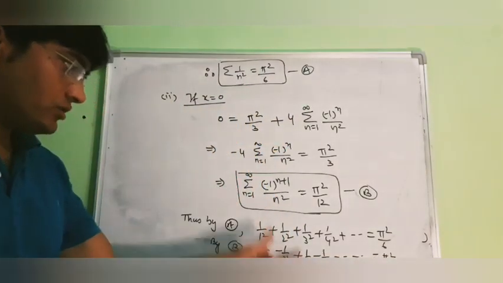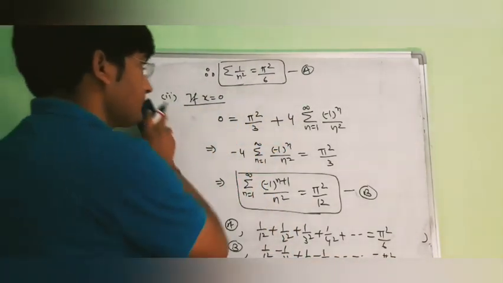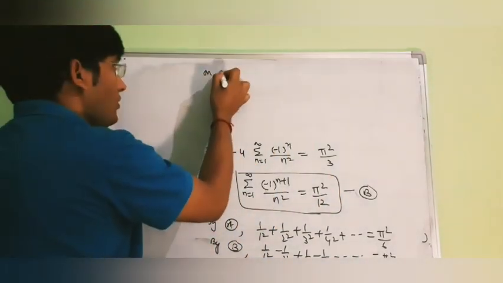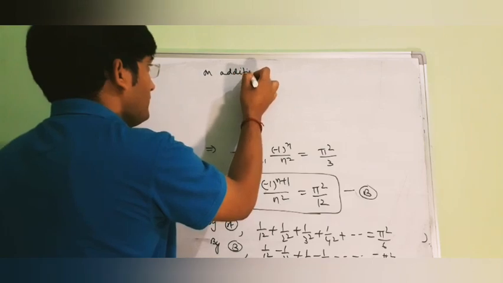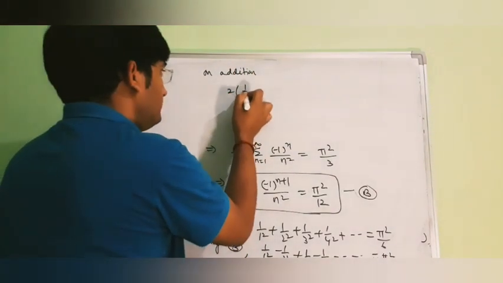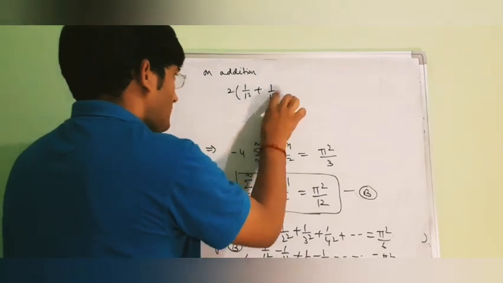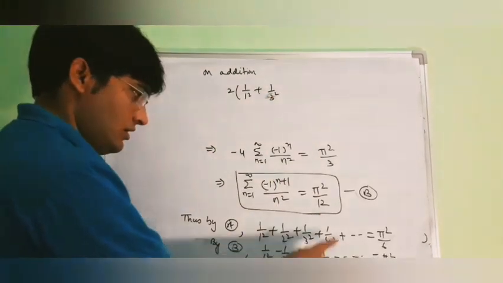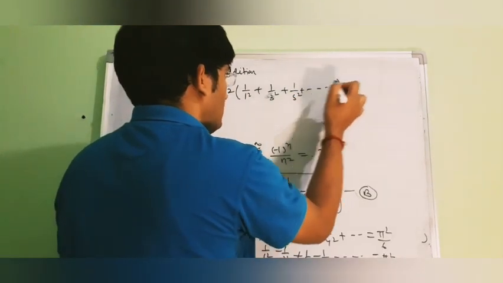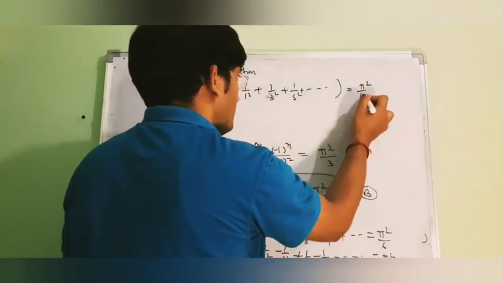Now let us add these two equations. On addition, we will have 2 times 1 upon 1 square, then 2 times 1 upon 3 square, then 2 times 1 upon 5 square, and so on.